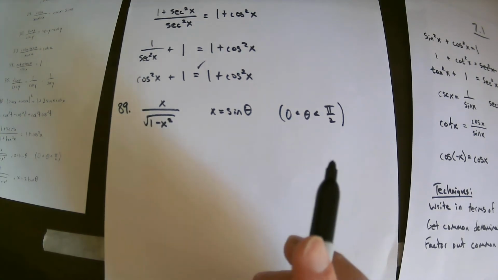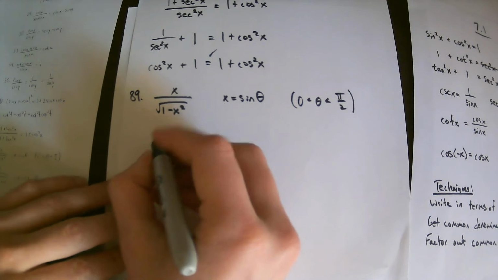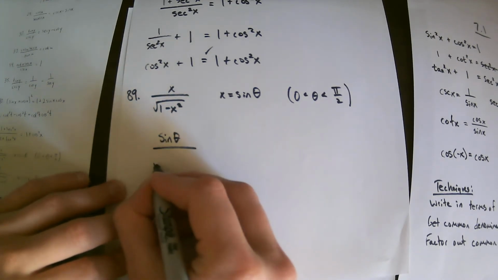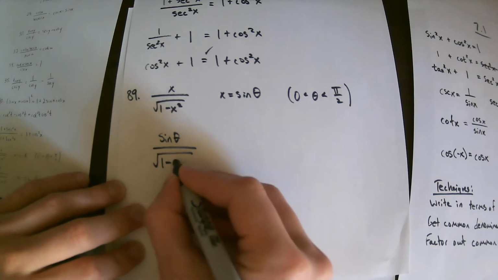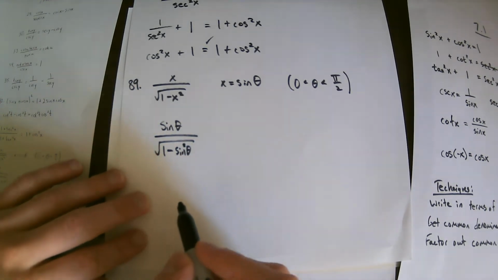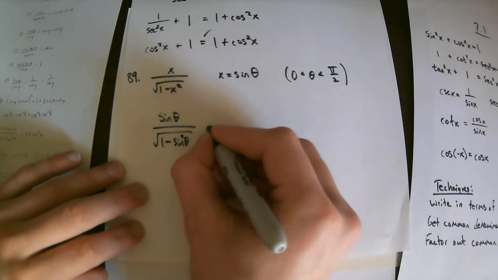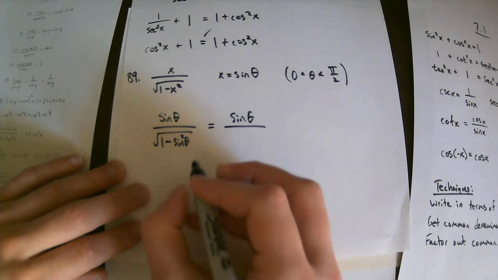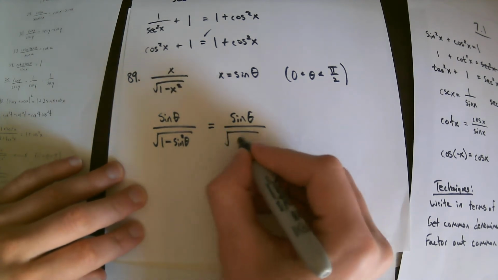Okay, so if x is sine theta, directly substituting, I'm getting sine of theta over square root of 1 minus sine squared of theta. But 1 minus sine squared is cosine squared.